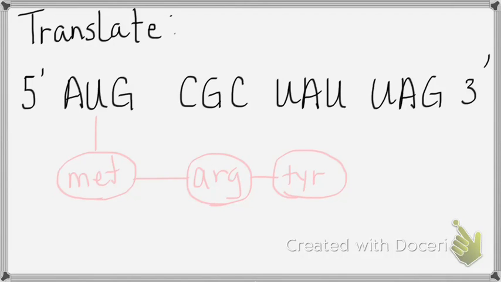I'll agree. And the next one? Stop. So is that okay? Everybody can use the genetic code. Don't forget the genetic code will be given to you. And I would put this with number 8. Number 8.